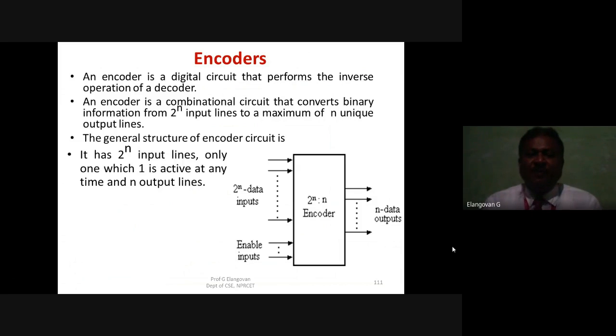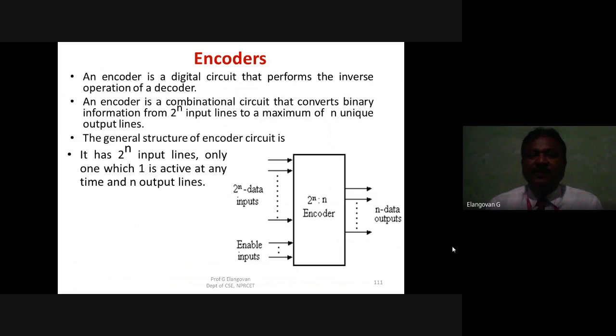So it has 2 power n input lines, only one of which is active at any time, and n output lines. That is, out of the 2 power n input combinations, it is assumed that only one is at high level. You cannot have more than one input at high level.